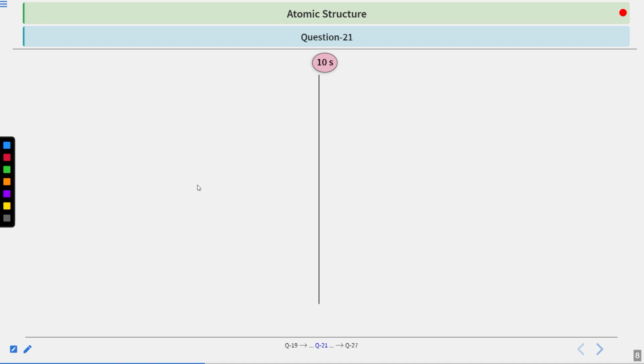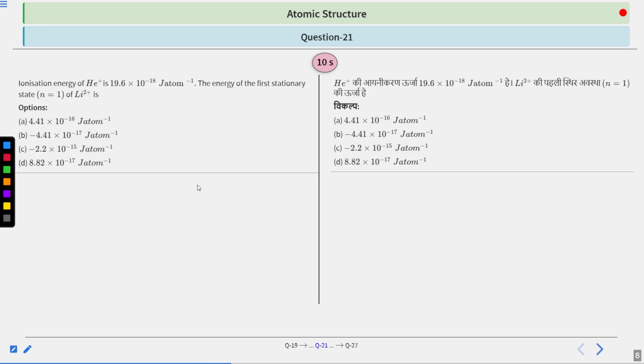Question number 21 says that your ionization energy for helium plus ion is 1.96 into 10 to the power minus 18 joule per atom. So if you have to remove an electron from helium plus, you will require this much energy.